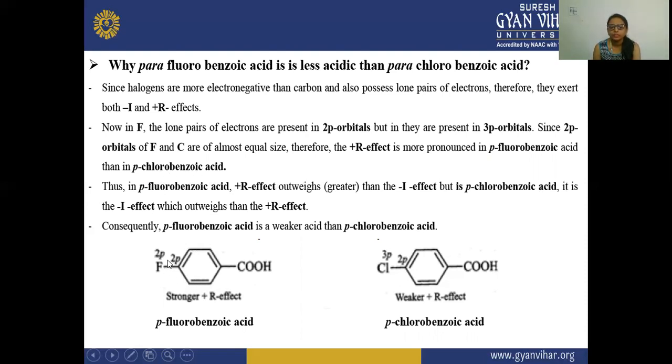So in fluorine the lone pair is in the 2p orbital, but in chlorine it is in the 3p orbital.